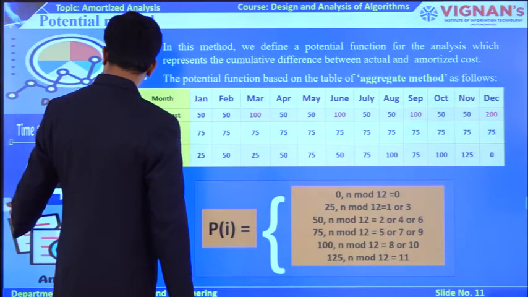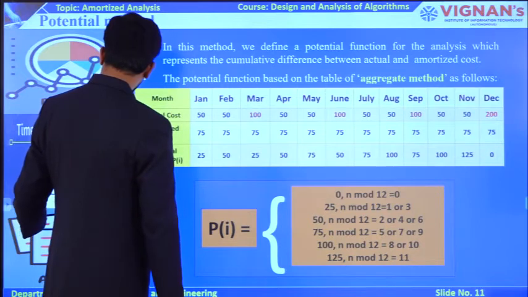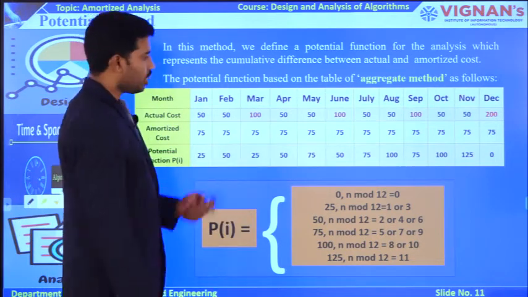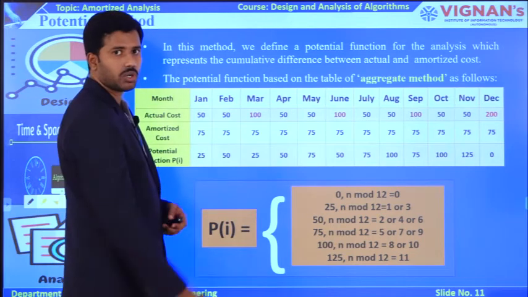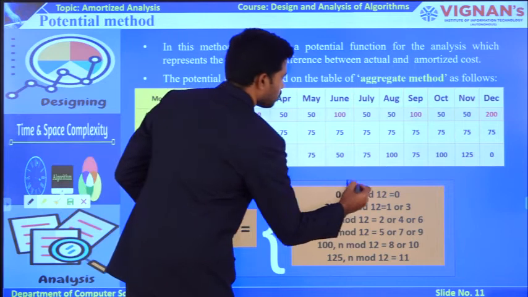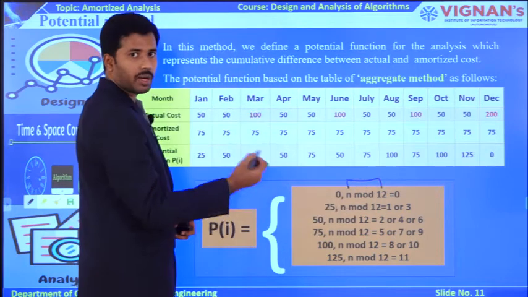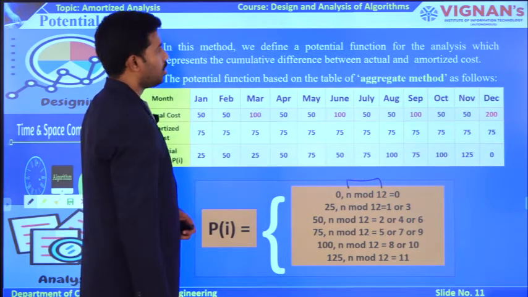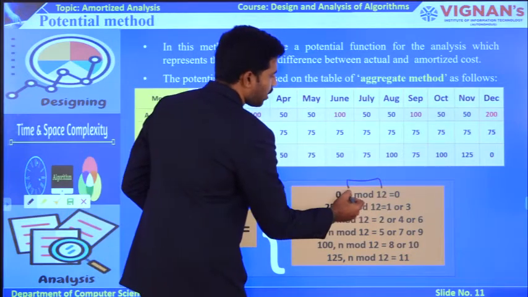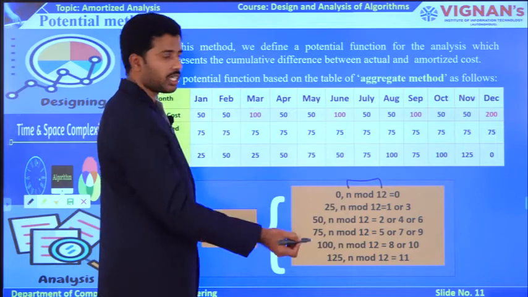So the potential function is going to look like this. How many months are there? 12 months, so the months are numbered from 0 to 11. So n mod 12, where n can be any month, January, February, March up to December. What happens if I take n equal to 12? 12 mod 12 is going to be 0.